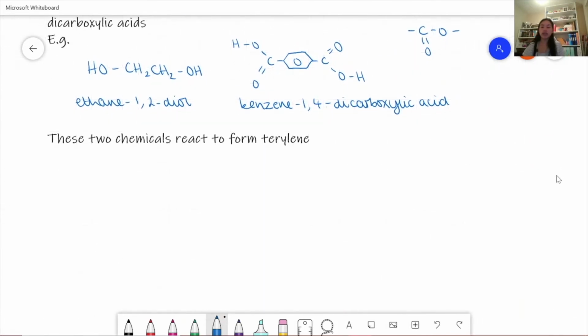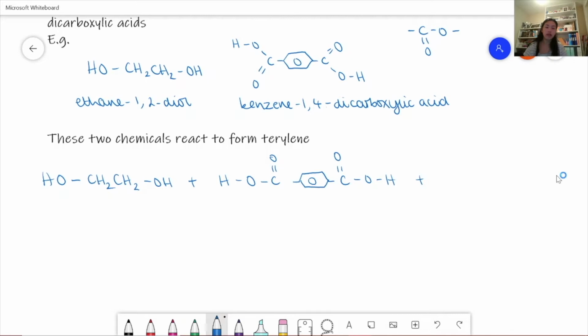So what I'm going to do first is I'm just going to write them both out again. So we have HO, CH2, CH2OH added with HO and then C double bond O, which is attached to benzene, and then OH, then added with another one of these HO, CH2, CH2OH, and so on.